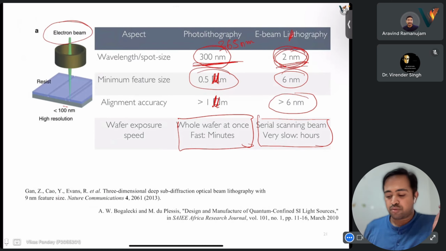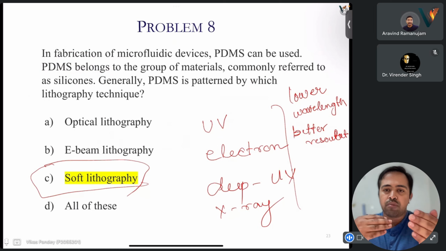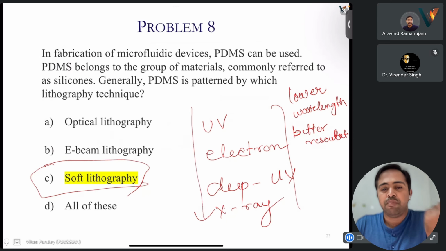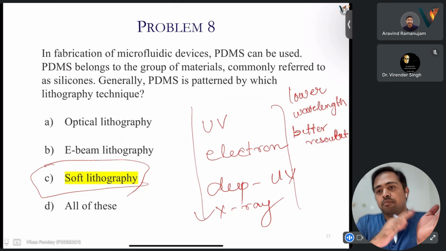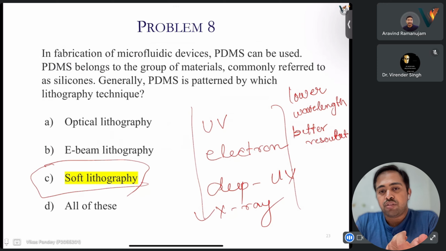So in general, the resolution will be somewhere near two times the wavelength. If any such question comes, e-beam lithography, deep UV lithography, X-ray lithography, which one is better, you just put them in sequence: the one with the lowest wavelength will give the best resolution.